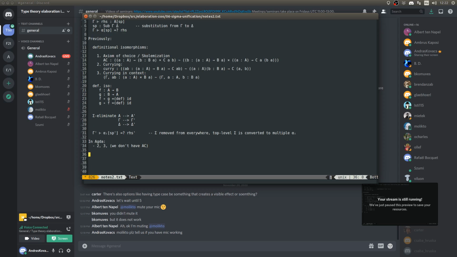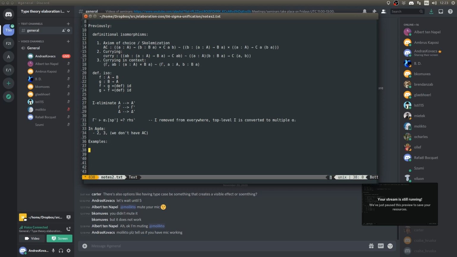But let's look at some examples. Last time we looked at some examples, but I think that was a bit insufficient. There are more interesting examples. For example, what if I have alpha applied to x.1 and I want to unify this with anything? For example, maybe bool.